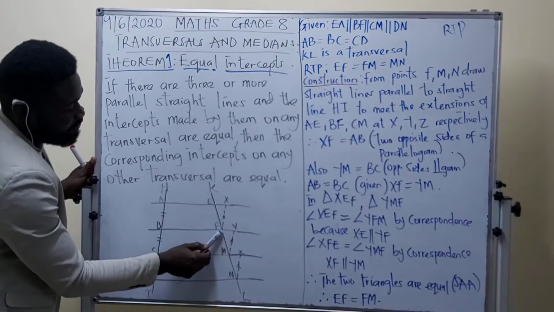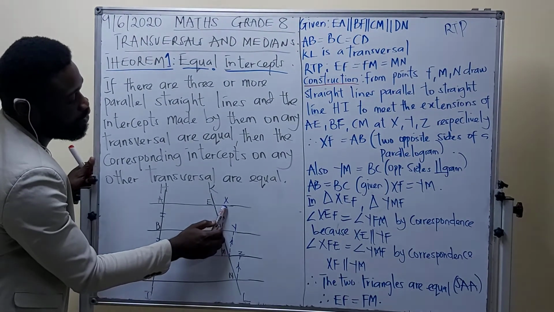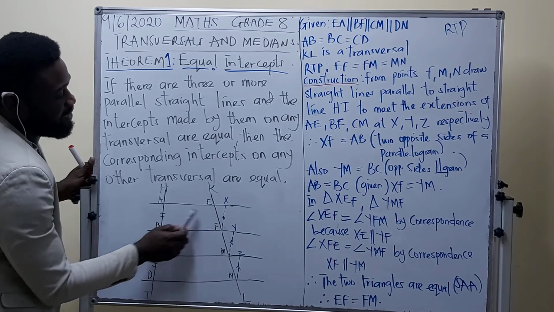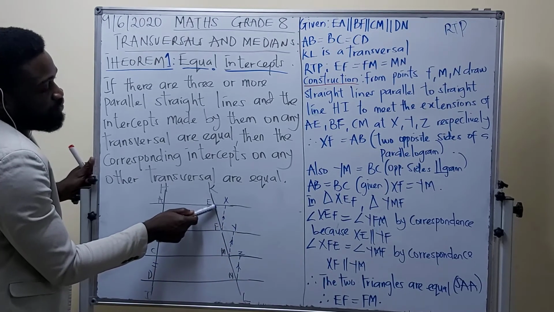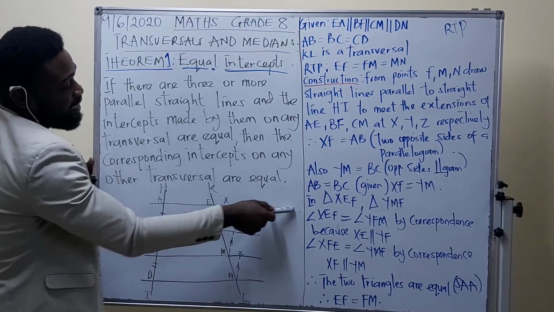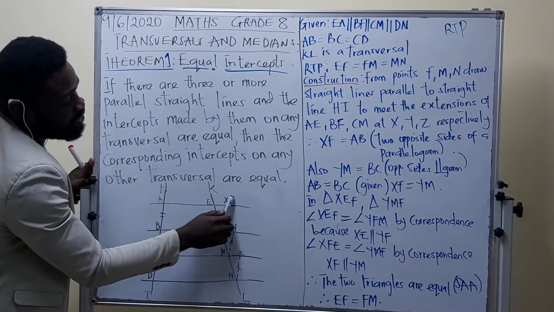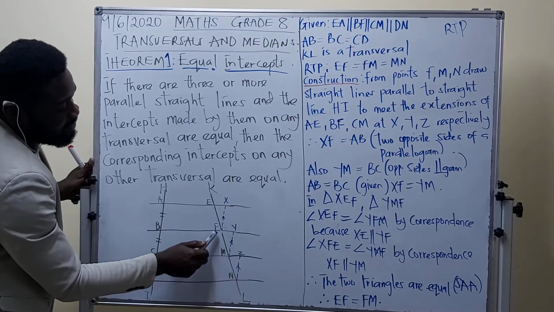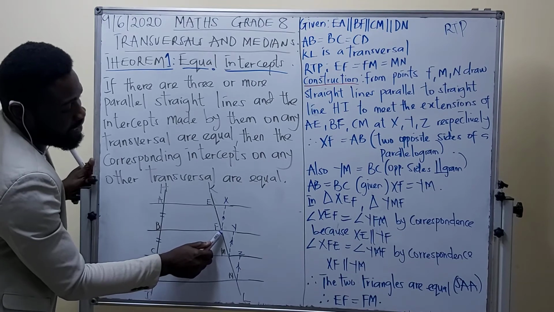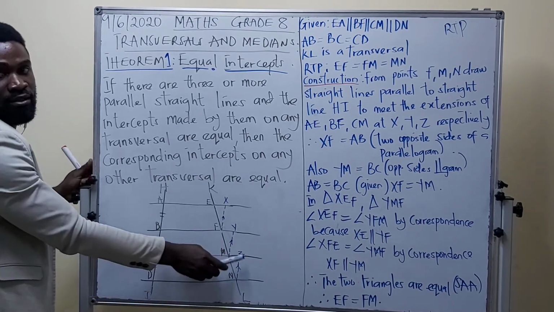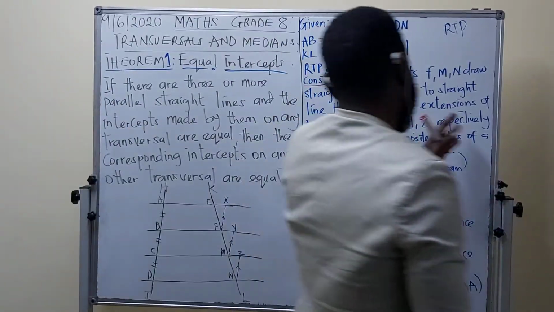From point F, we have constructed a line to touch a point at the extension of AE. Extension of AE means AE should have stopped here, but we elongate the line so that a point could be on that very line. That is point X. Now from this point, we have constructed F to X, M to Y, and N to Z, respectively.